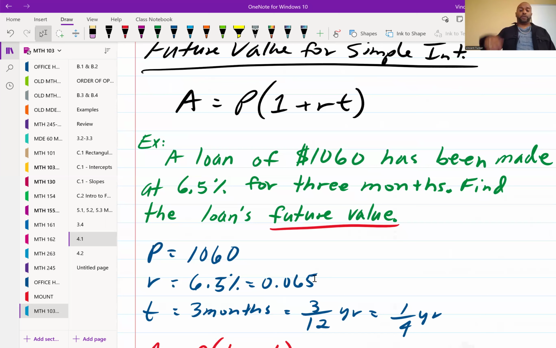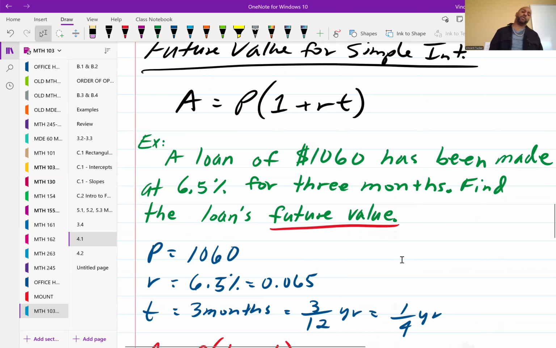So for those of you, your classmate asked about these zeros right here, just to clarify which one matters and which one doesn't. The one to the left of your decimal, you can drop if you don't feel like writing it, but the one to the right most definitely carries weight. So 0.065 and .065 are the same. You need the zero to the right; the one to the left of your decimal you do not need.